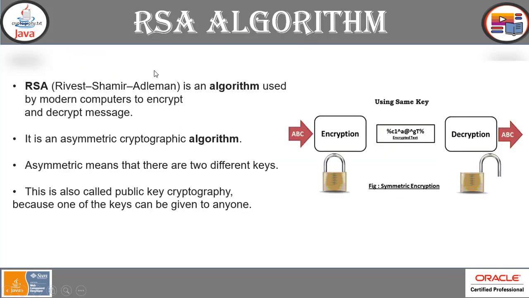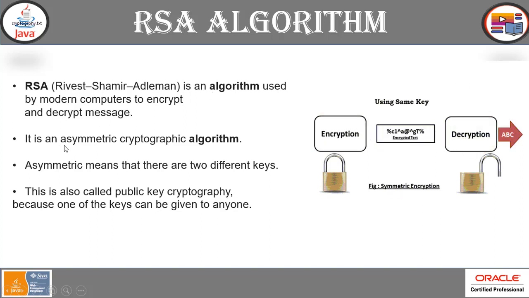Now let's take a look at what the RSA algorithm actually is. To process this kind of cryptography and encryption, there are many ways. One of the ways is called asymmetric. This particular asymmetric cryptography algorithm is named RSA. Rivest-Shamir-Adleman is an algorithm used by modern computers to encrypt and decrypt messages.